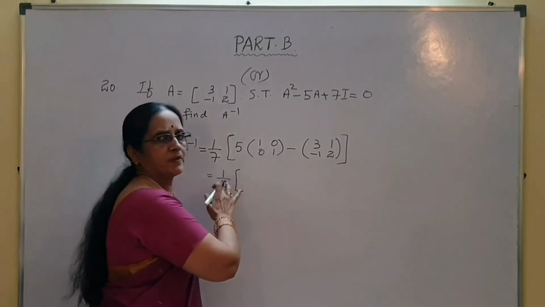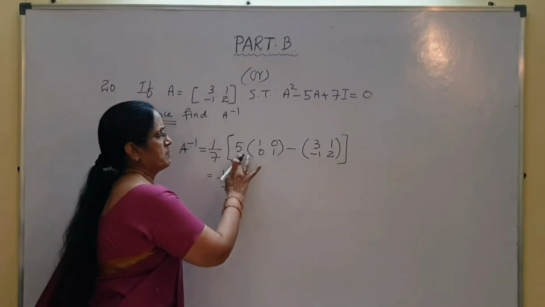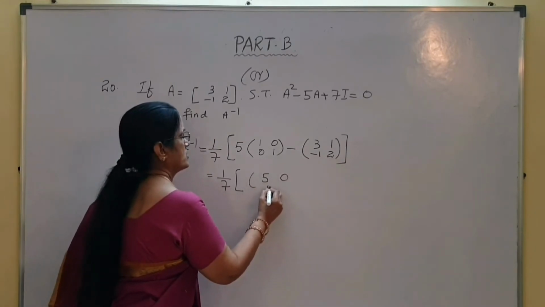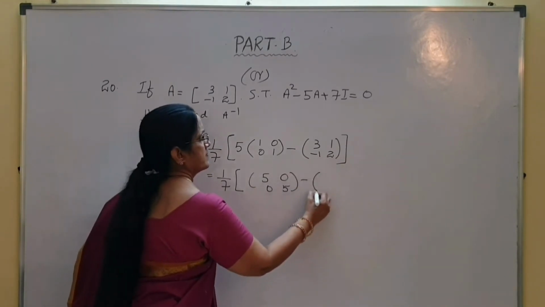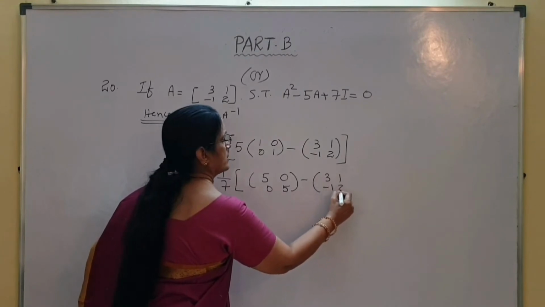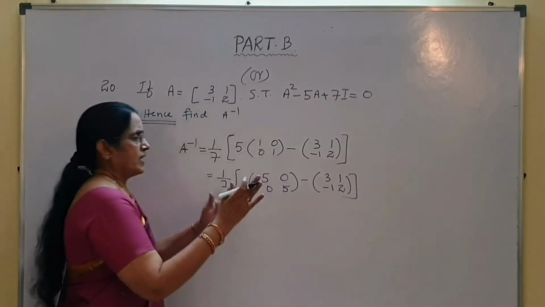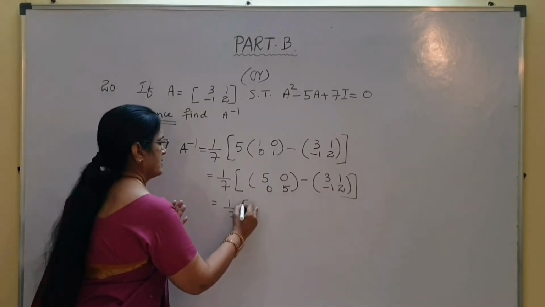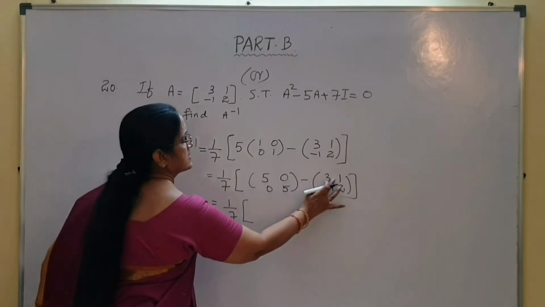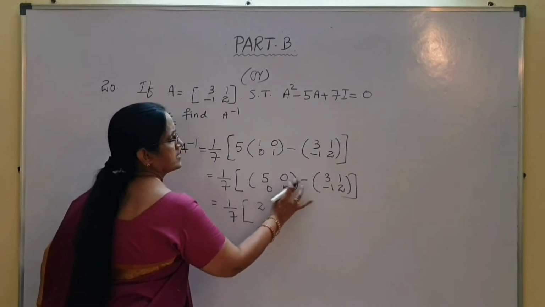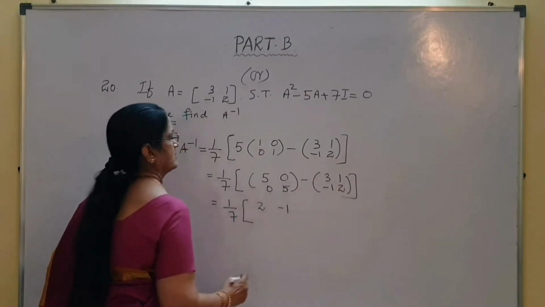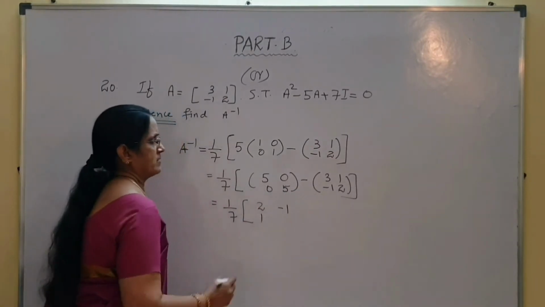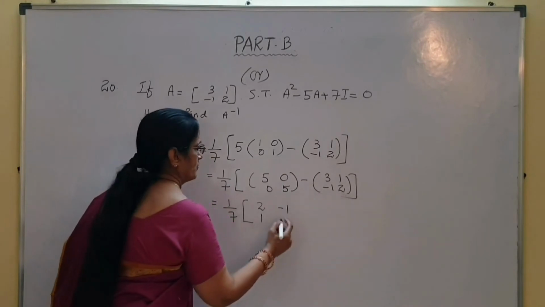See, this is scalar multiplication of a matrix, so every element should be multiplied by 5. So I will be getting 5, 0, 0, 5 minus 3, 1, minus 1, 2. Now let me combine the like terms. I will be getting 1 by 7. See here, 5 minus 3, 2. 0 minus 1, minus 1. 0 minus of minus 1, plus 1. 5 minus 2, 3.